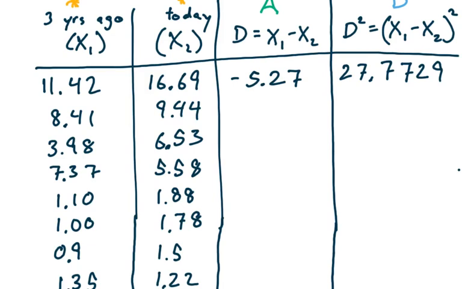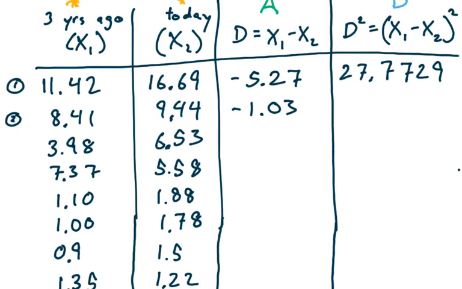These still correspond, this first set of figures is bank number 1, bank number 2, and so on and so forth. We can't rearrange the order because these are dependent upon one another. We'll list all of this out, and then in this next row, 8.41 minus 9.44 gives us negative 1.03.